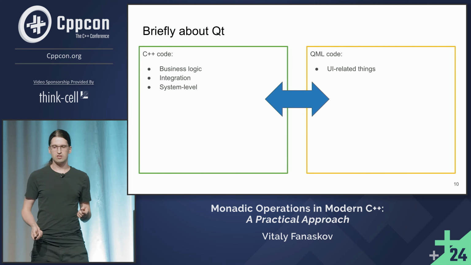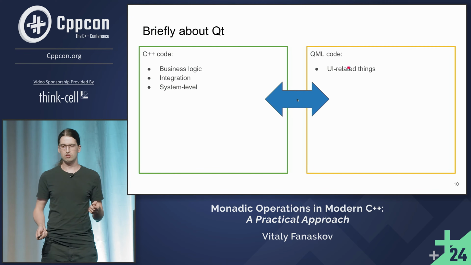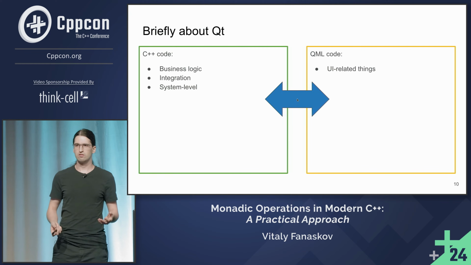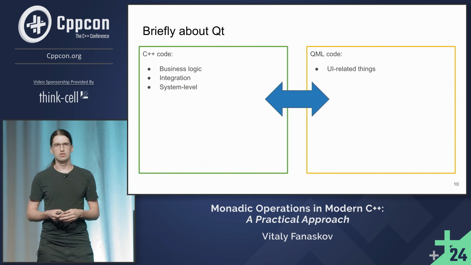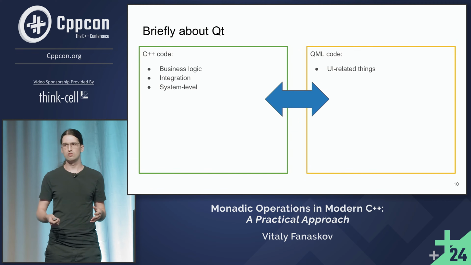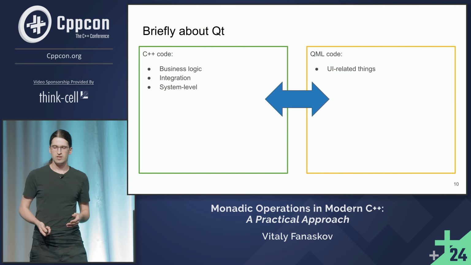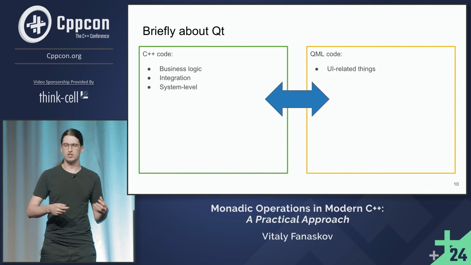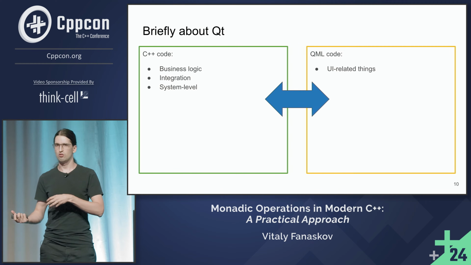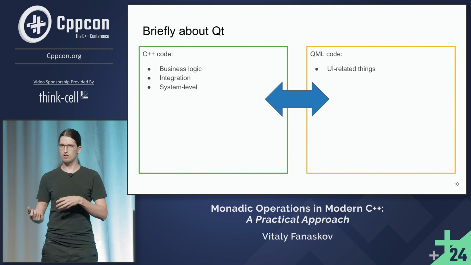And on the other side, here we have QML code, and QML is a declarative language that's used to describe the UI. And in this code, there also can be some logic, say animation related, states related, and so on and so forth. And there is a connection between those two worlds, because from C++ code, you can create QML objects and manipulate QML objects.